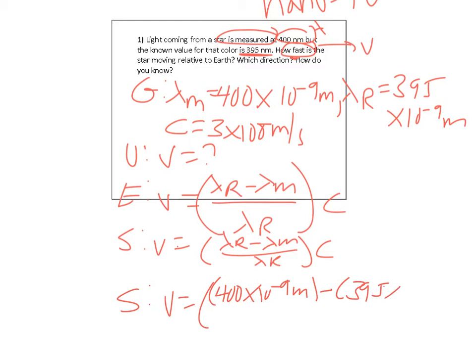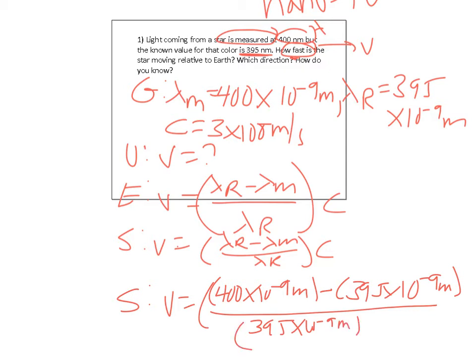And it really doesn't matter which way it's off. That is all divided by what the real one is, which is 395 times 10 to the negative ninth meters. And then times 3 times 10 to the eighth meters per second.